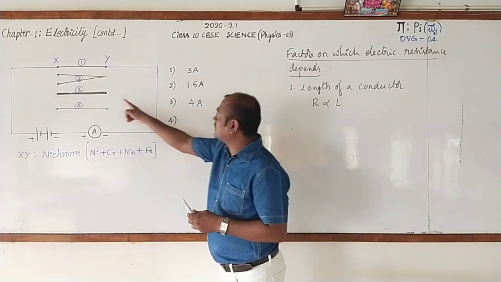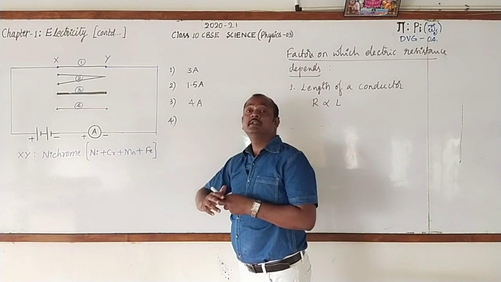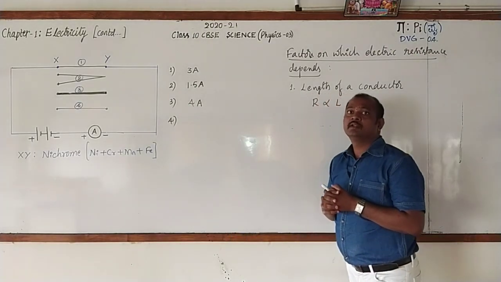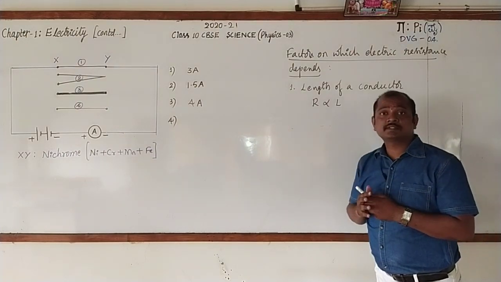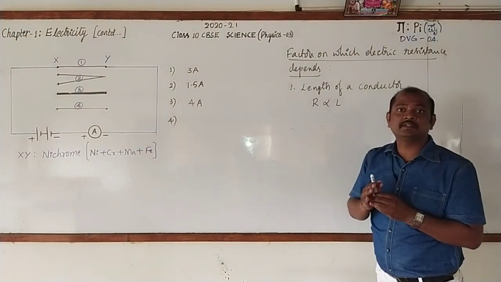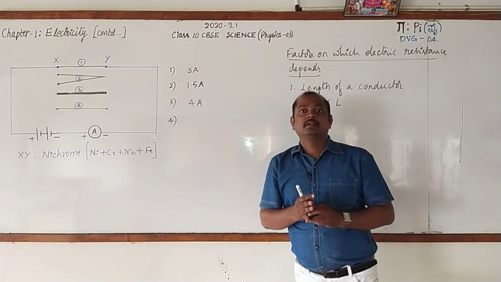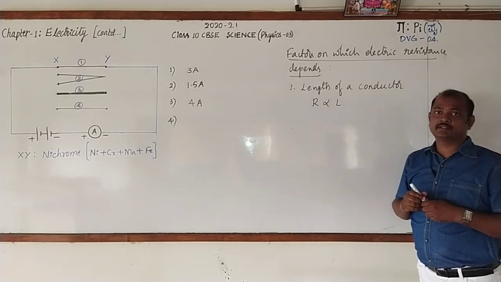That means as the thickness increases, the flow of current is increasing. Flow of current is increasing, that means electric resistance is decreasing. As the thickness increases, the electric resistance decreases.